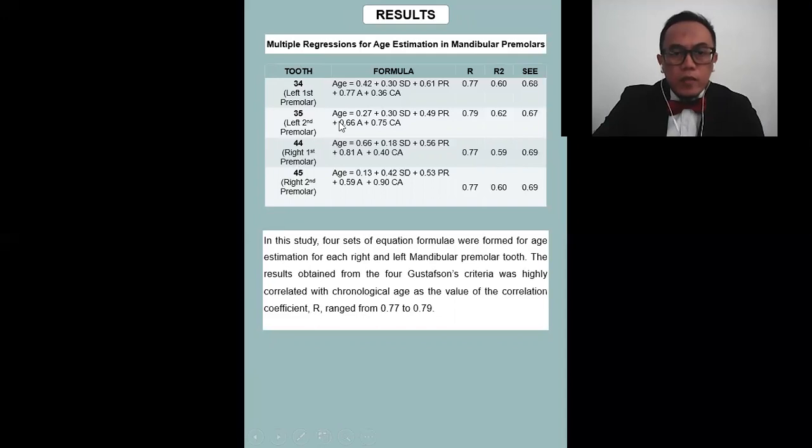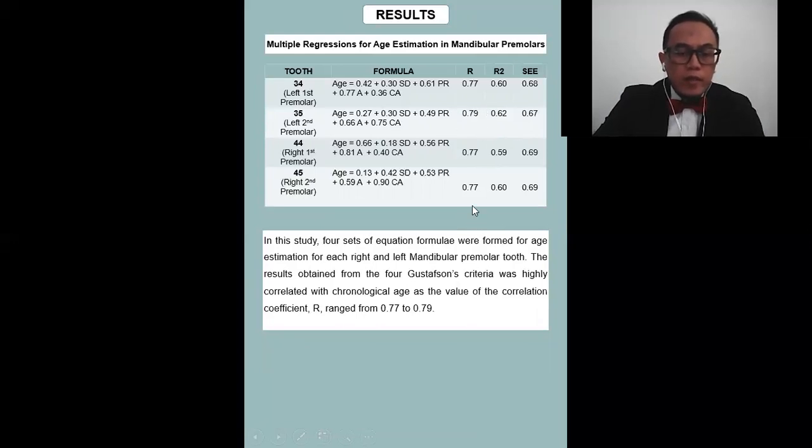If we look here, the result obtained from the four Gustafson criteria was highly correlated with chronological age, as the value of the correlation coefficient R ranges from 0.77 to 0.79.